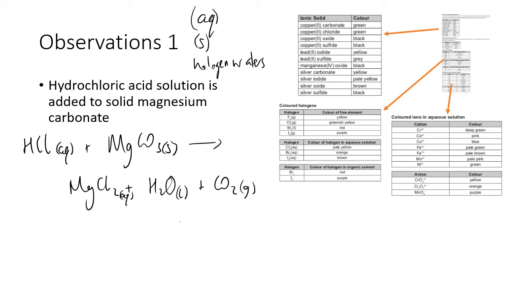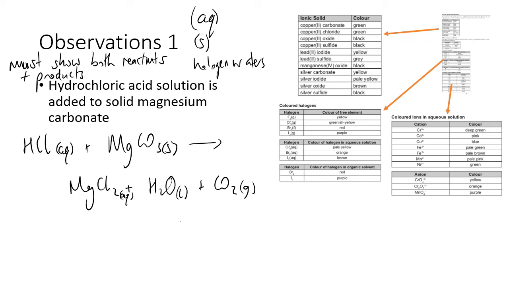MgCl2, using your solubility table, that is soluble. Right. So also something else with observations, you must show both reactants and products, what they look like. Okay, so let's have a look.